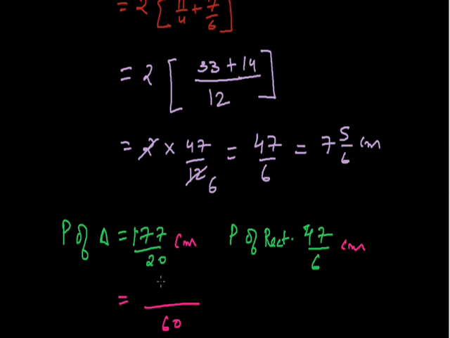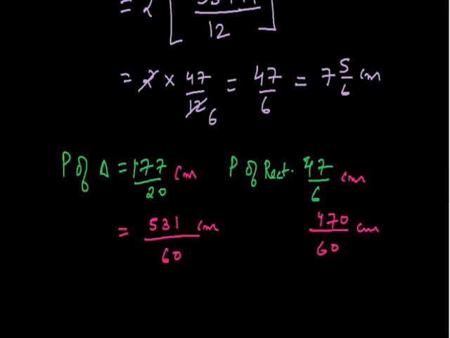To make it 60 we have to multiply by 3, so we will get 531 upon 60 centimeter, and to make this one 60 we have to multiply by 10, so it will be 470 upon 60 centimeter. Now you can see that the perimeter of the triangle is greater than the perimeter of the rectangle. So the answer is that the triangle has a greater perimeter.